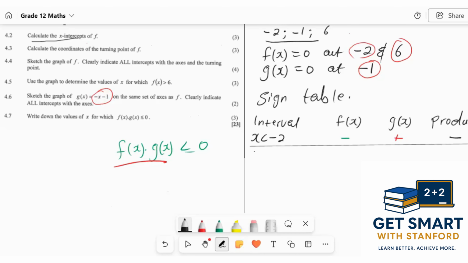Doesn't have to be nice as long as you can see that it's divided. And at this interval, minus 2 less than x less than minus 1, the graph of f is positive and the graph of g is positive. Therefore, positive times positive, the product will be positive.